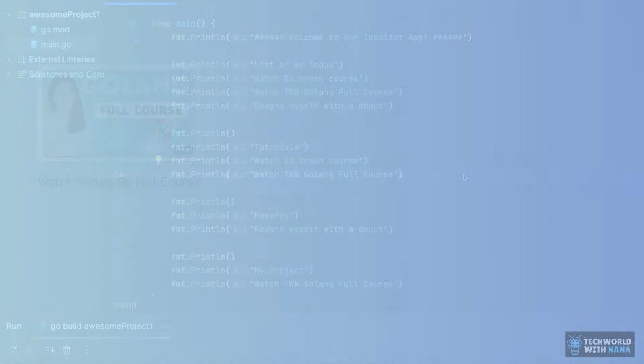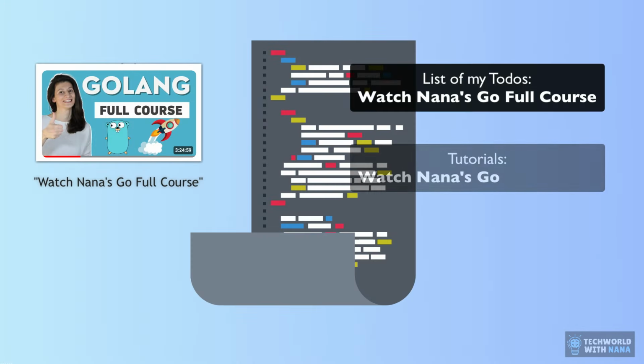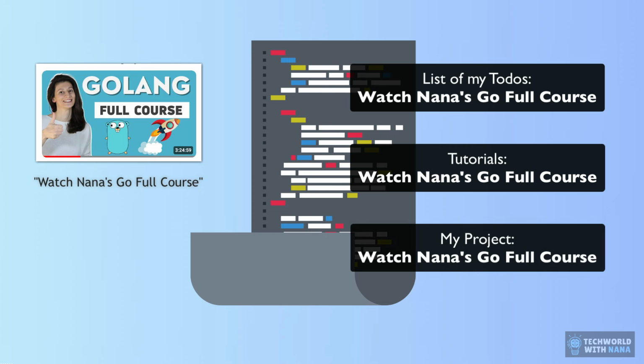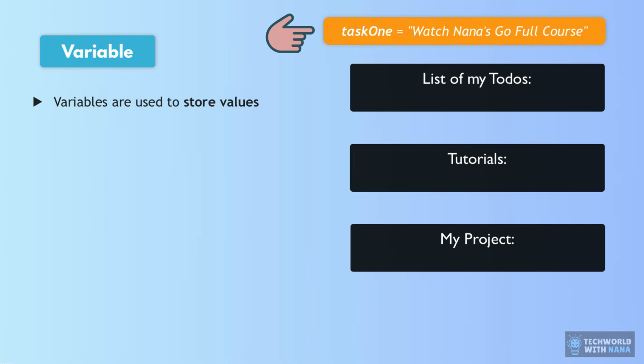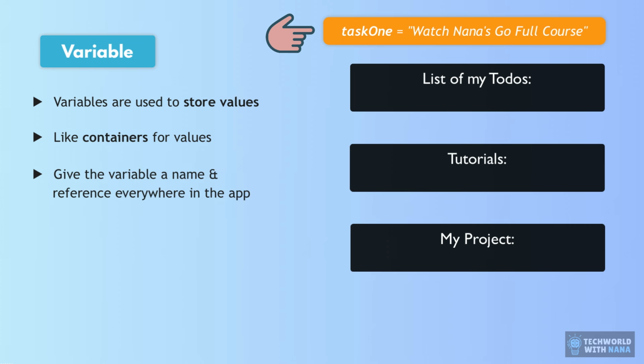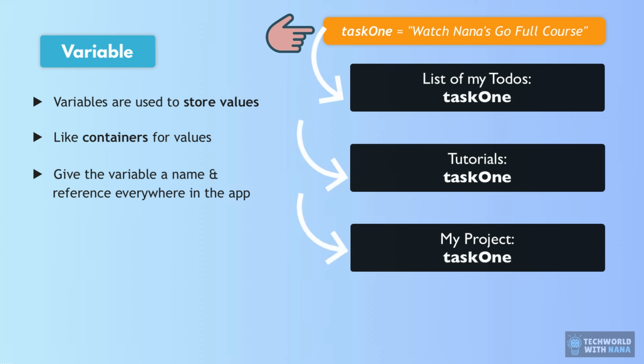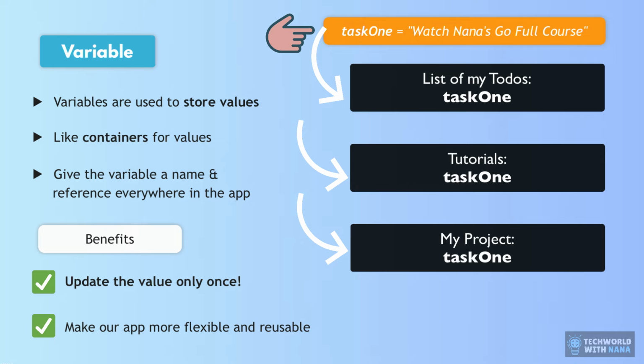And second of all, you actually have to repeat the same value if you want to use it in multiple places. And that's exactly the use case for what's called variables in a programming language. So instead of typing out the actual value in 100 different places, you take that value, the actual string value in this case, you give it some arbitrary name, which is the variable name, and then you reference the actual value by using that reference name anywhere in the code where you need the value.